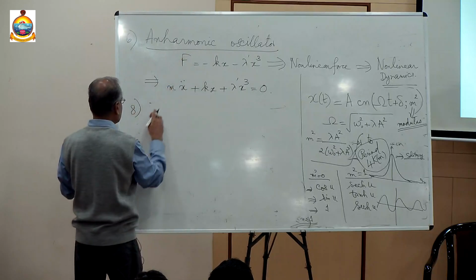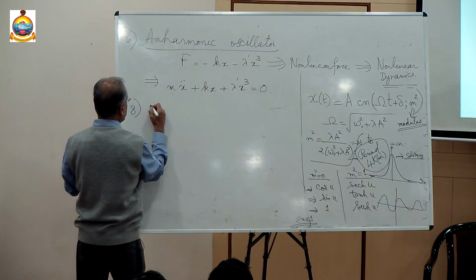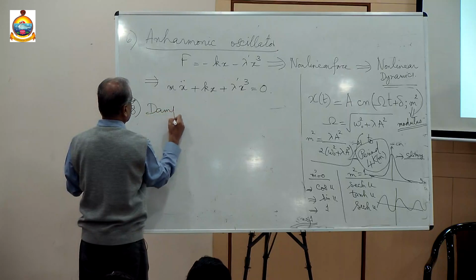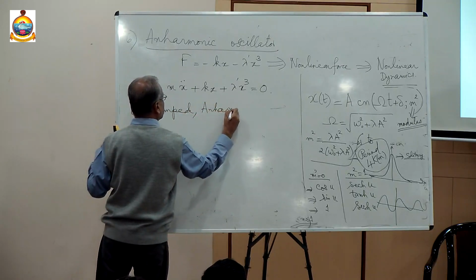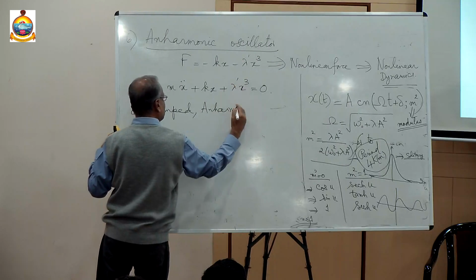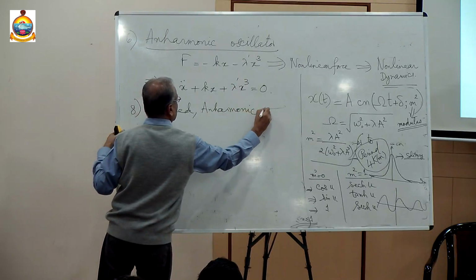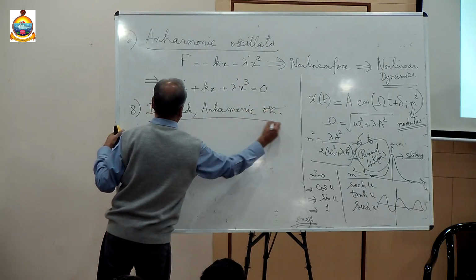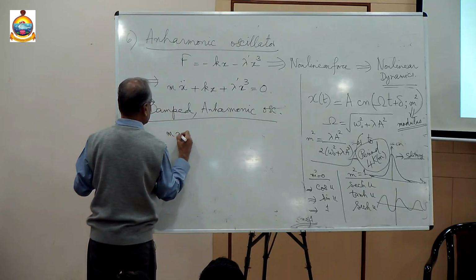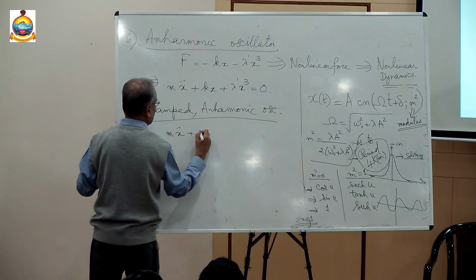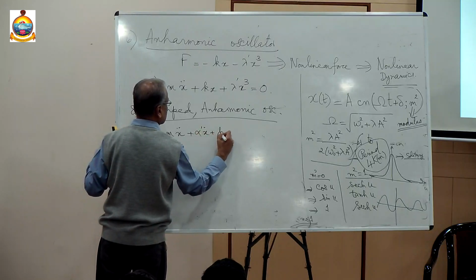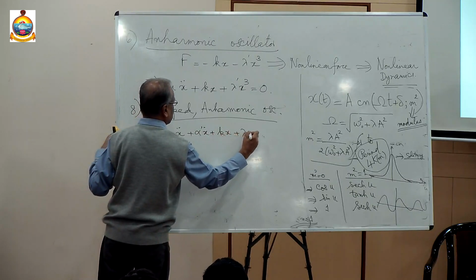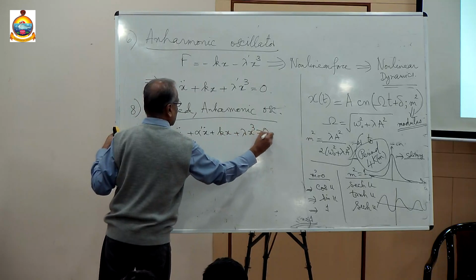So I have added Kepler problem, damped harmonic, unharmonic oscillator, cubic unharmonic. This is also called a cubic unharmonic oscillator because the power is cubic. So you have an equation like m x double dot plus alpha x dot plus k x plus lambda x square equal to 0.